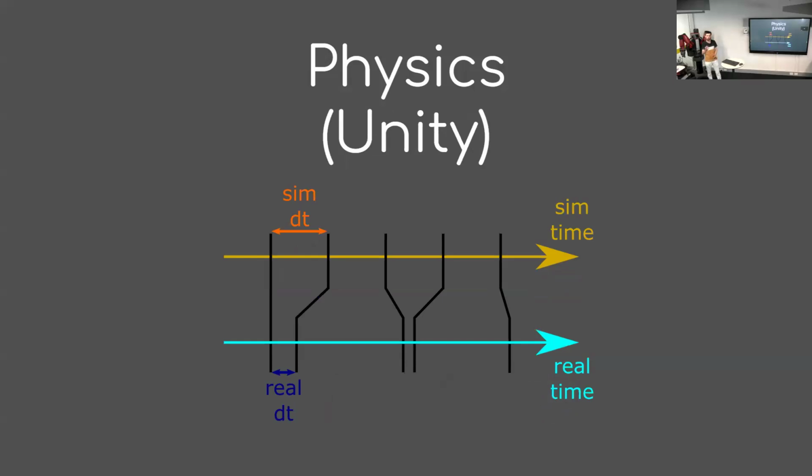Now, if you use something like Unity, since it's a game engine, they prioritize having a nice smooth frame rate over the physics, because the physics are kind of just there to enhance the gameplay, but people are going to complain if the visuals are choppy. Then what they do is they sacrifice the nice mapping between real time and your simulation time.